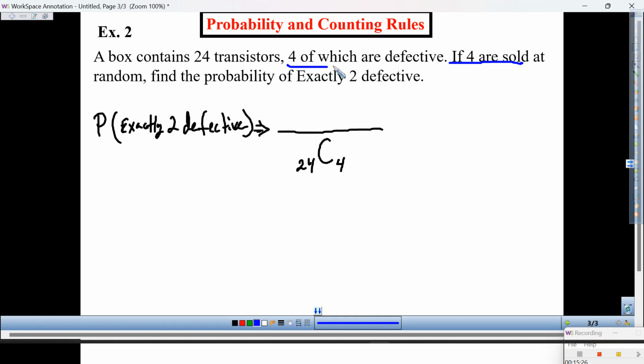How many total are defective? So how can we write that 2 of them that they sell out of 4? How can we write that? That is correct, 4C2. Times.